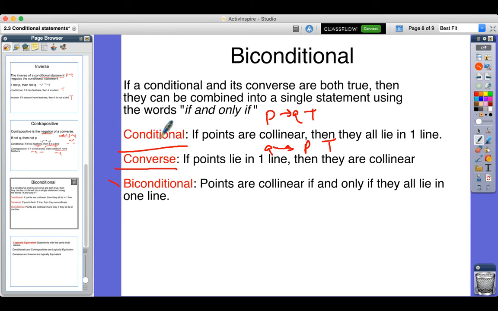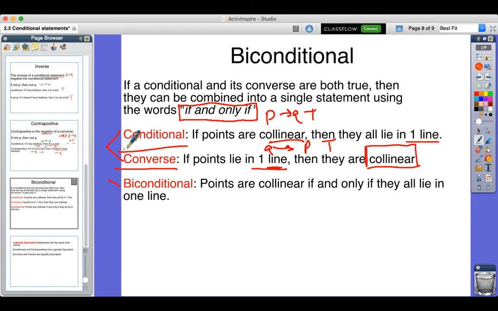Now, if you get a biconditional statement, meaning these two are true, then we make a new statement called an if and only if statement. So for example, if points are collinear, then they lie on one line. The definition of collinear is they are on one line. Well, if points are on one line, then they are collinear, because if you're all on the same line, you're collinear.